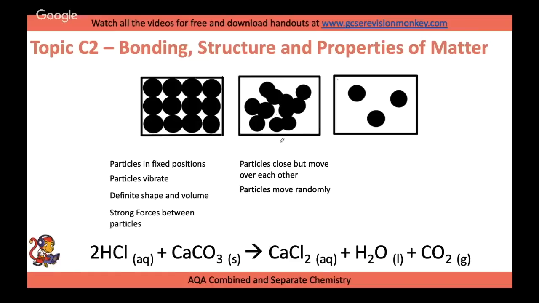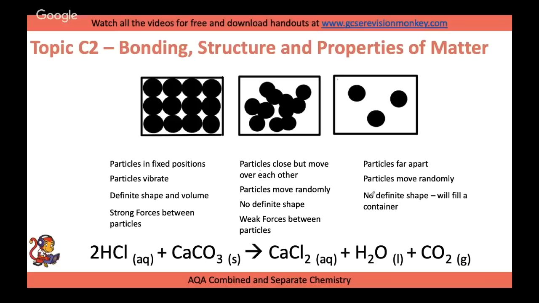They're still close together, but they can move over each other. And there's weaker forces until you get to a gas when the particles are very far apart and they're moving randomly in all directions. Now, these come with the state symbols. This means aqueous, this means solid, this means liquid, and this one means gas.